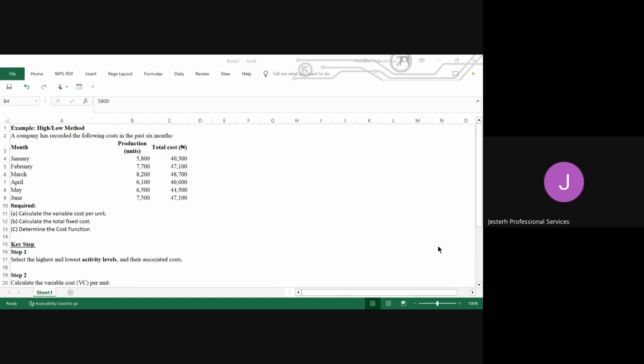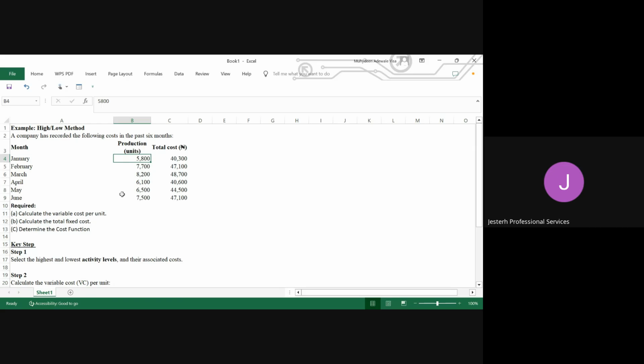In March, they have 8,200 units with the total cost of 48,700, while in April they have 6,100 units with total cost of 40,600.